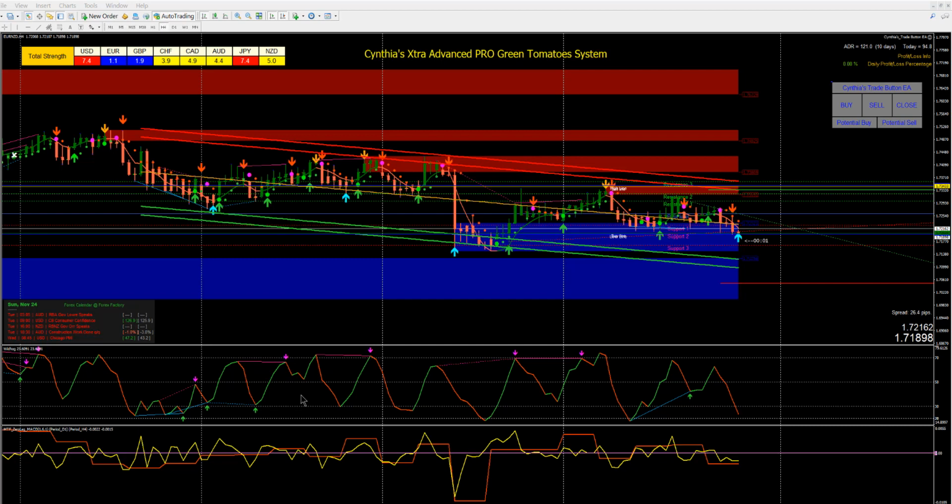The other one is Fibonacci. So we like to use divergence in our trading because it gives us a leading indication, a prediction of where price is going to go. So that's included in the Pro system also. So those are the special indicators that we have.